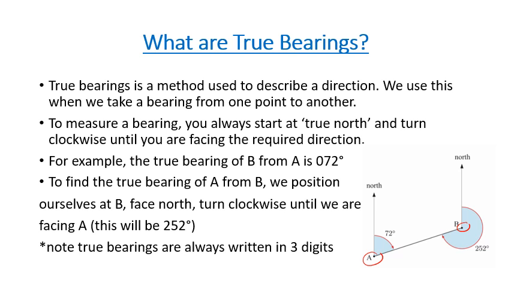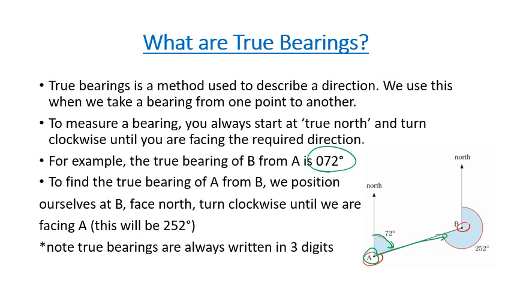For example, the true bearing of B from A is going to be 72 degrees. Now, we actually write this as 072. True bearing is always written in 3 digits, so if the degrees is less than 100, you just add a 0.